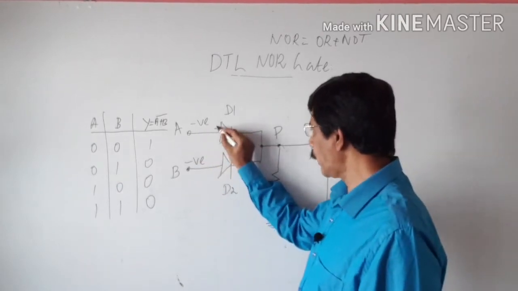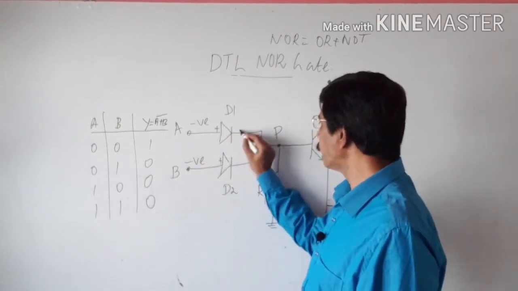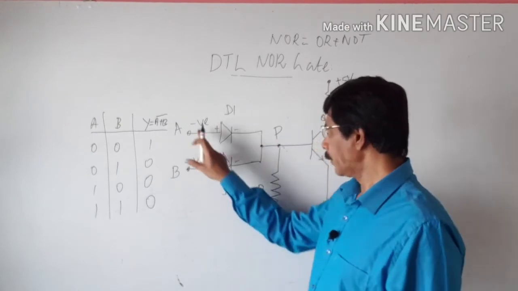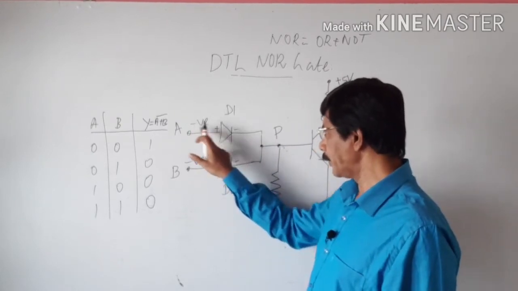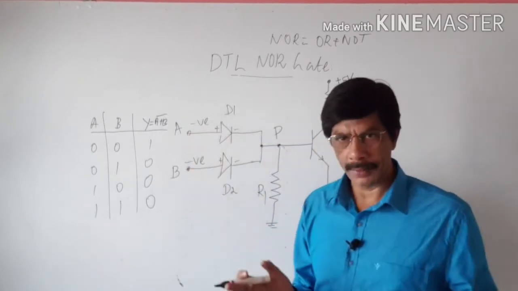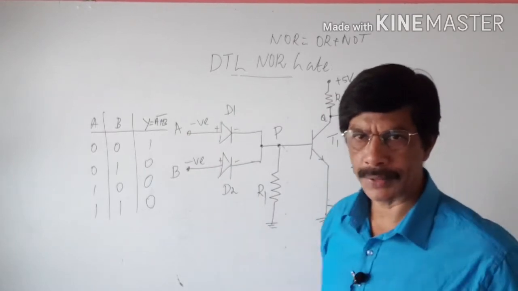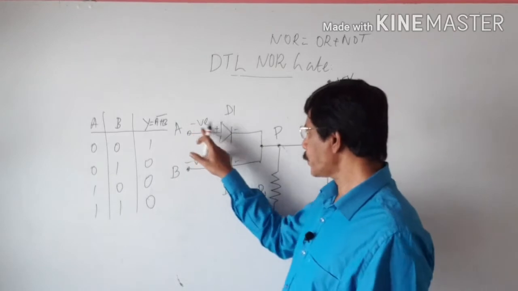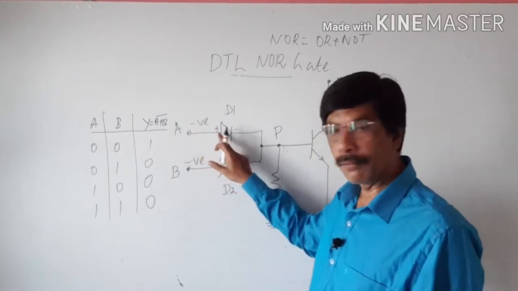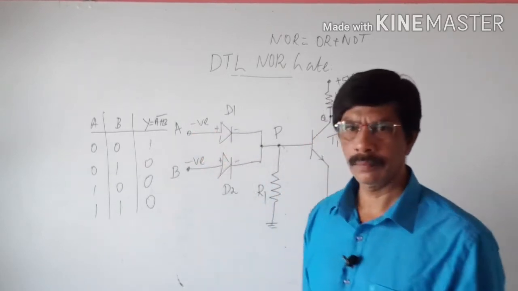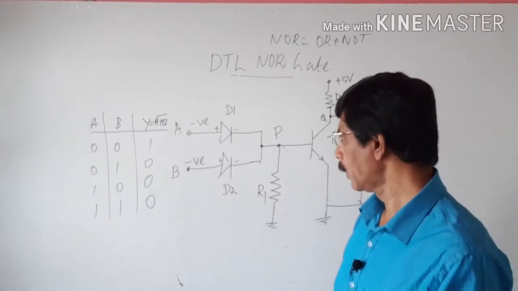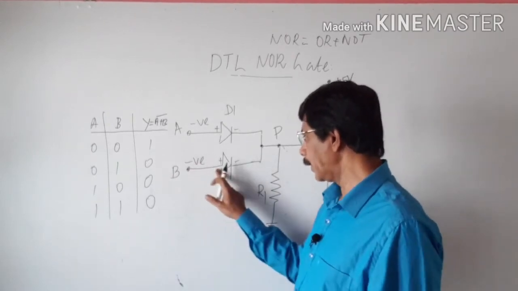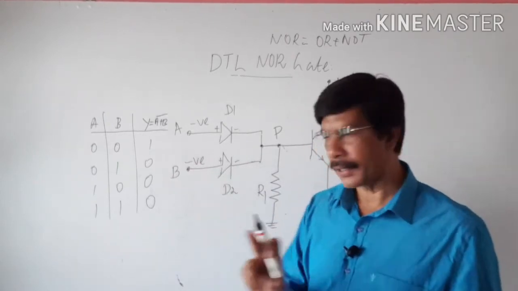This is the anode of the diode, this is the cathode of the diode. The negative at the anode and the positive at the cathode are opposite polarity. Opposite polarity means reverse bias. Same polarity means forward bias. This opposite polarity reverse biases the diode D1. Similarly, the opposite polarity reverse biases the diode D2.